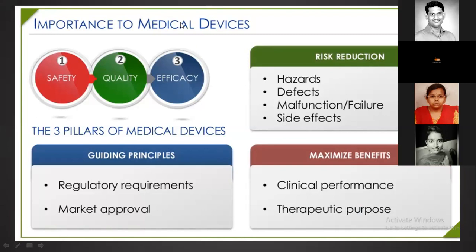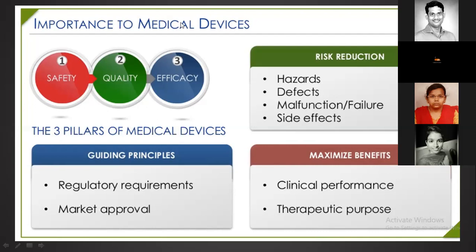In clinical trials, safety can be checked in phase 1 and phase 2, whereas efficacy can be checked in phase 3. Similarly, here we have to concentrate on the three parameters of safety, quality, and efficacy.